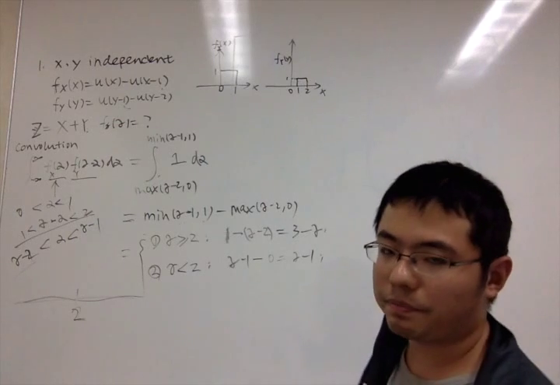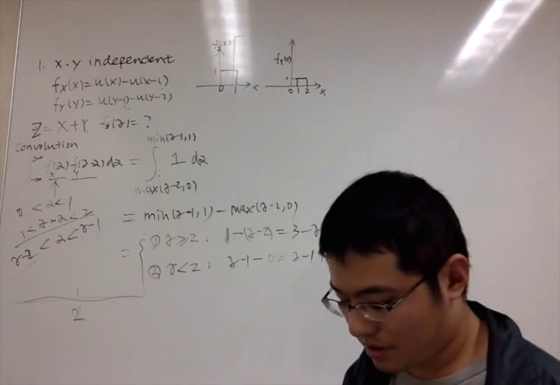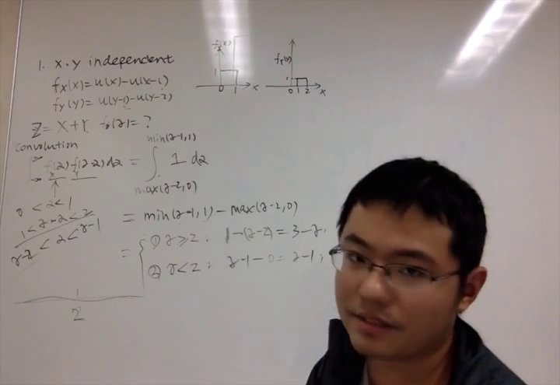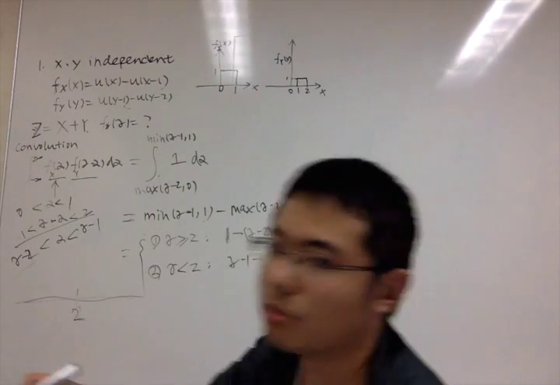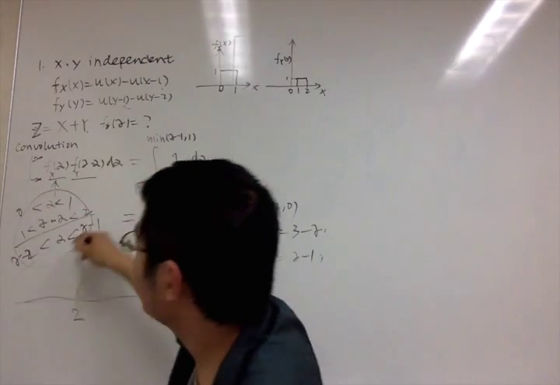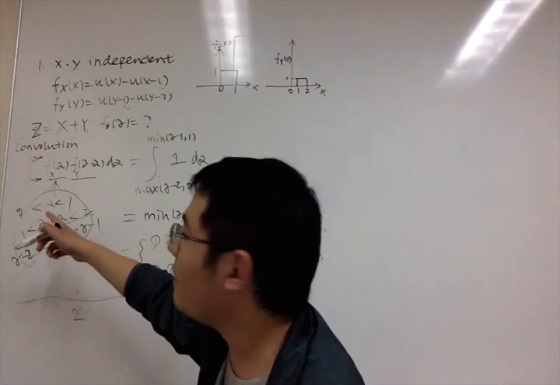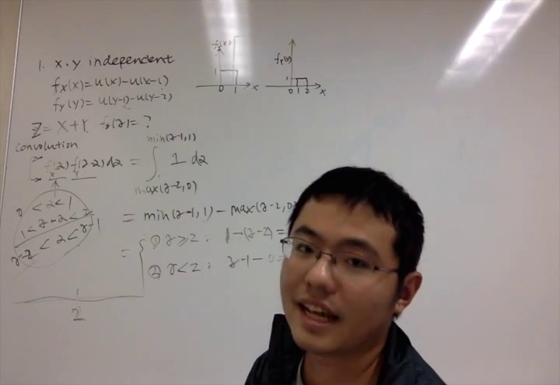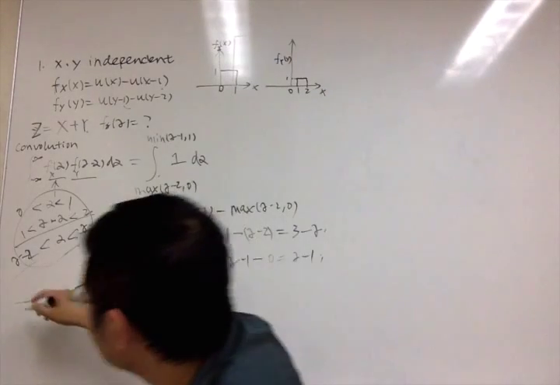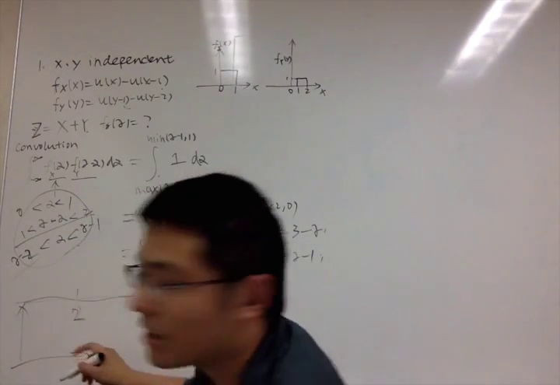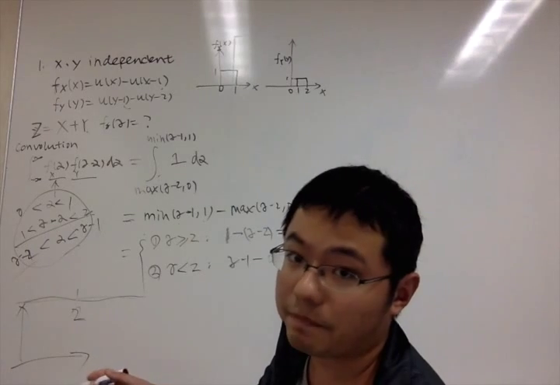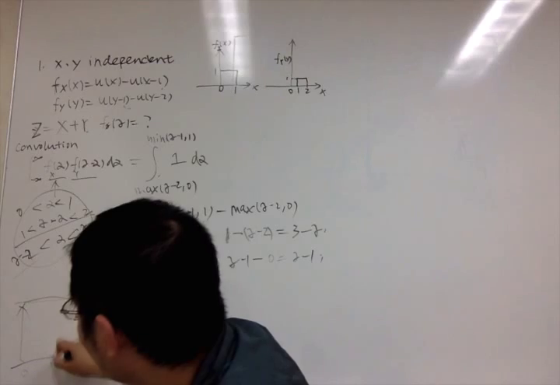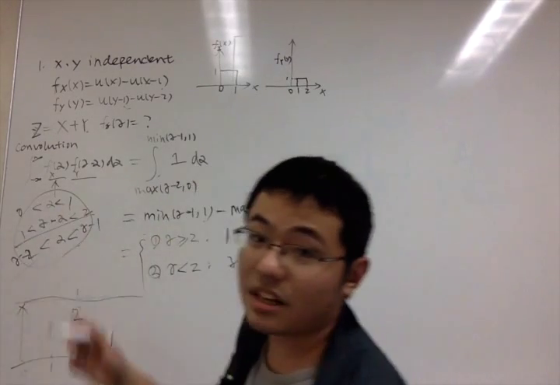We're not done yet, because z cannot go from minus infinity to infinity. When we're dealing with the region of alpha, z and alpha are actually located in a two-dimensional plane.